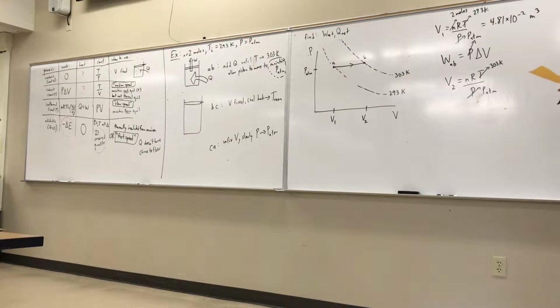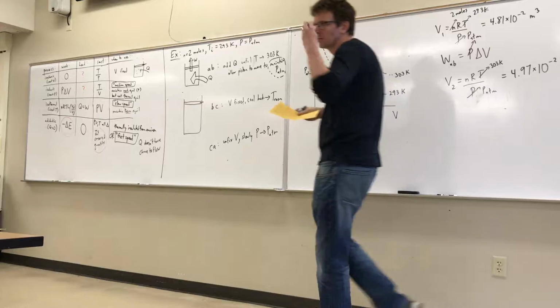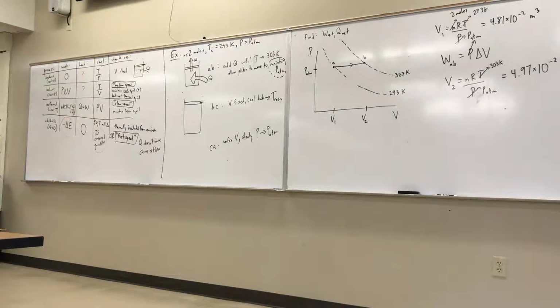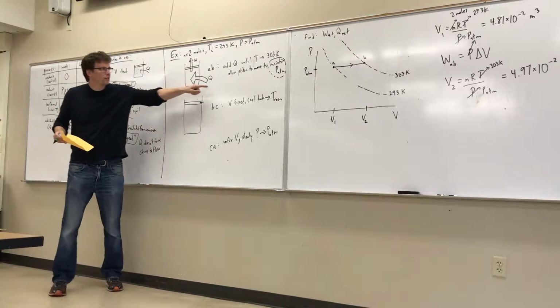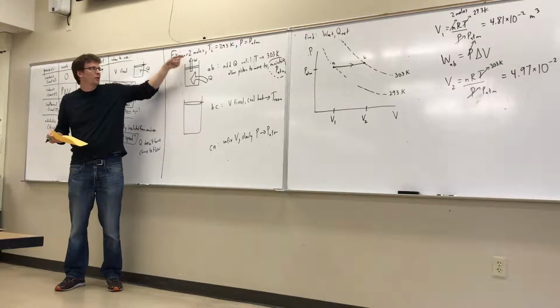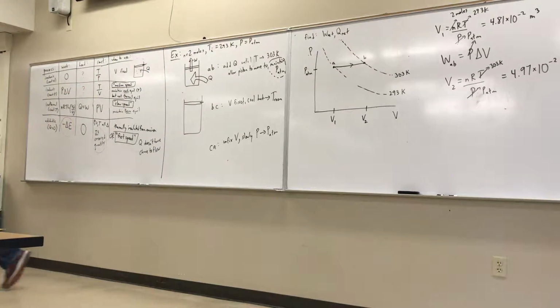And, as hopefully not surprisingly, the gas has occupied a larger volume. That's what we already said. So this will come out to be 4.97 times 10 to the negative 2. So we've taken this gas to a larger volume. We've put in heat to increase the temperature, but we didn't want the pressure to build up, so some energy went out as work, but not all of it.